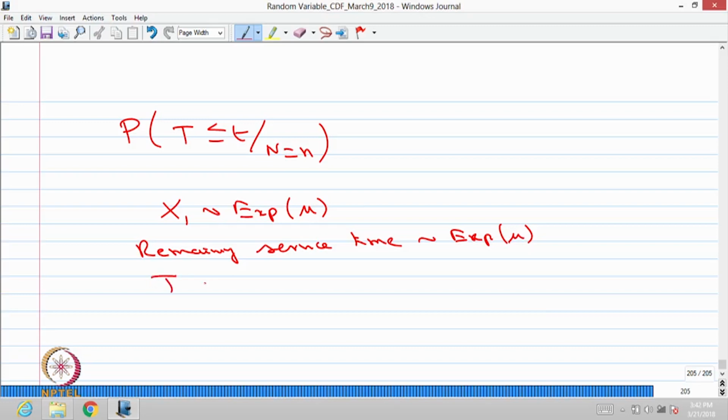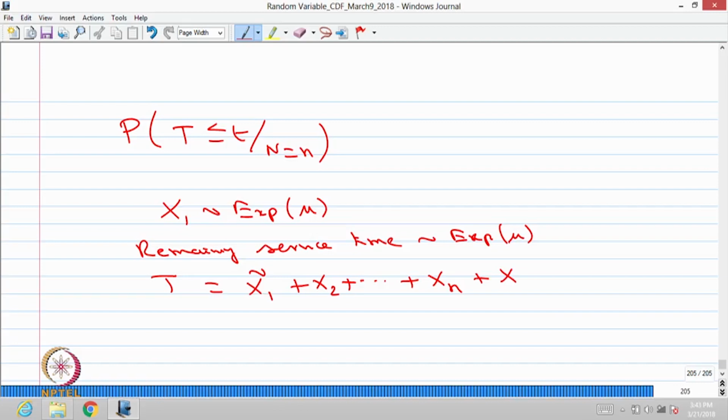That is, capital T is X1 tilde, the remaining service time, plus X2 and so on plus Xn, plus capital X. Each service time is exponentially distributed, identical, and mutually independent with X. Service is one followed by the other.